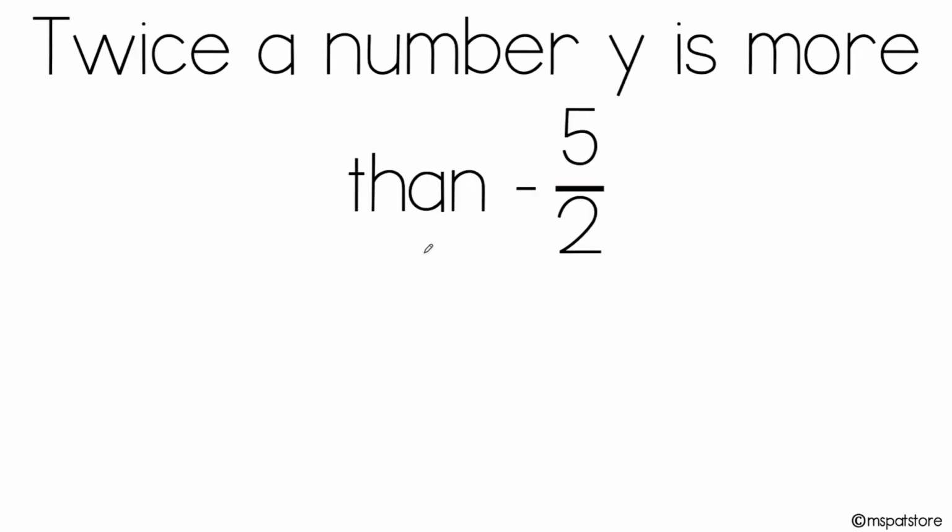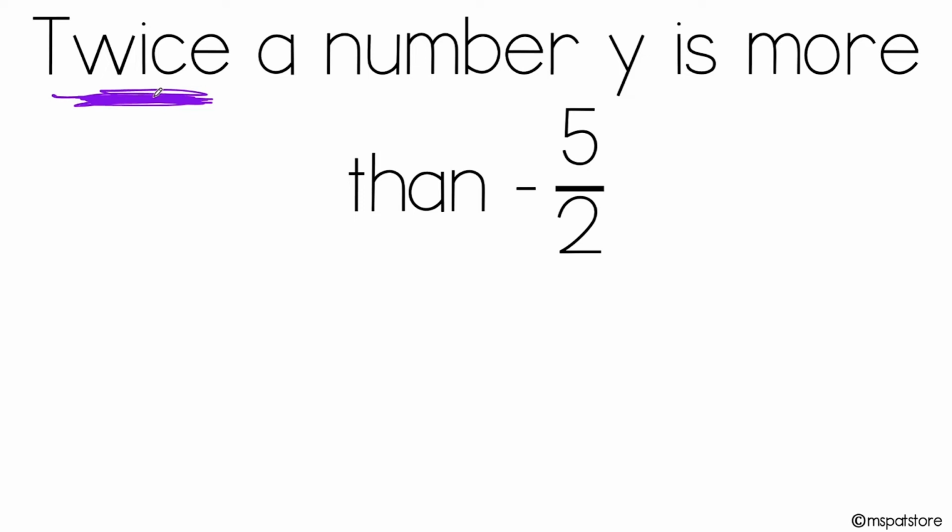How about this one? Please take a moment to read, pause the video, and try to do it by yourself. Very good. So here I have twice. What does twice mean? Yes, twice means you're multiplying by 2.